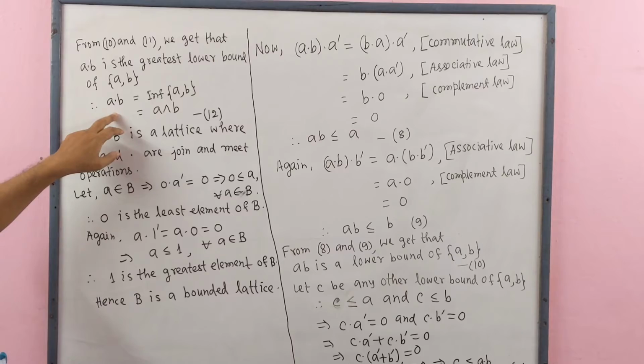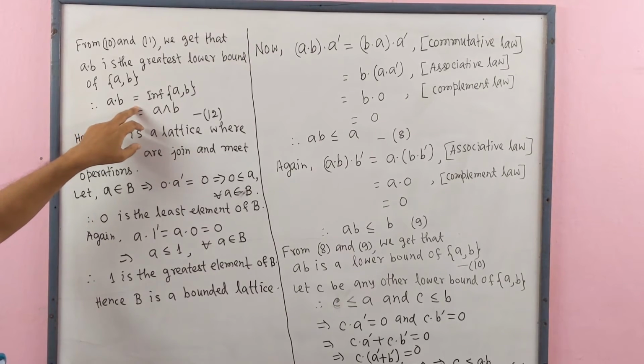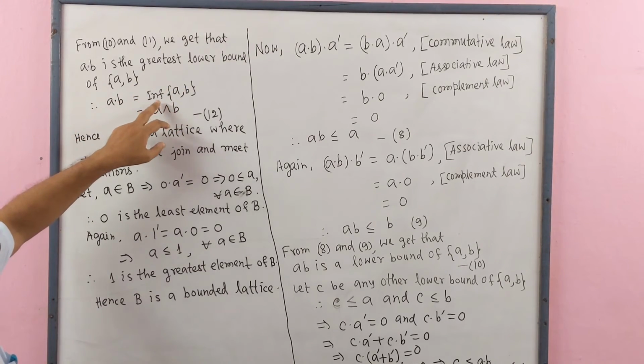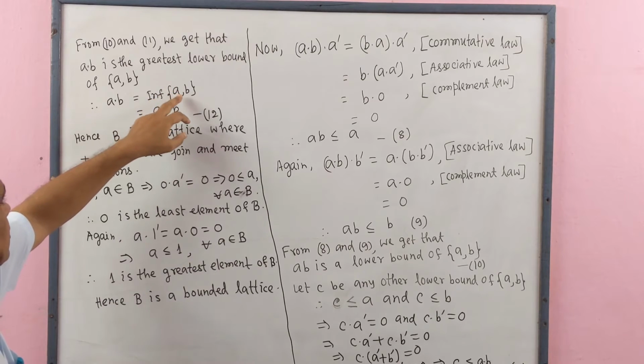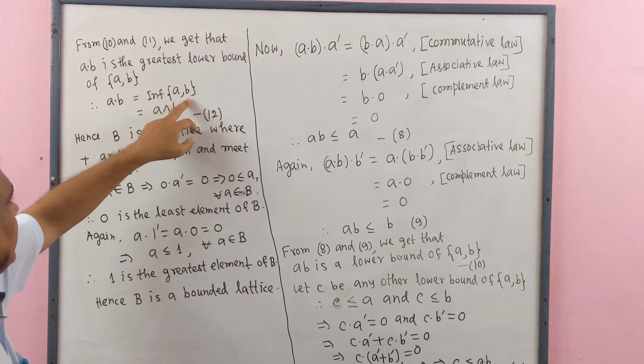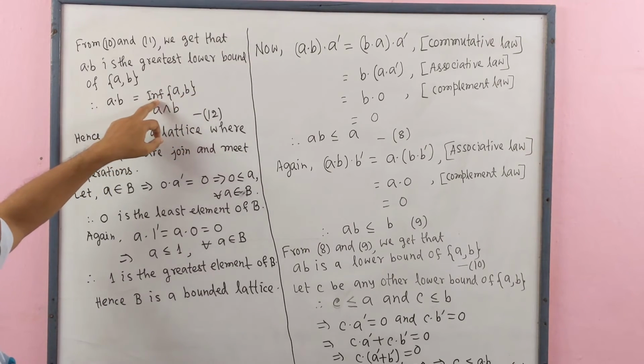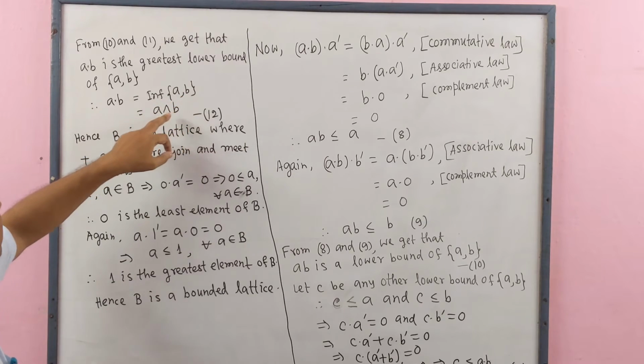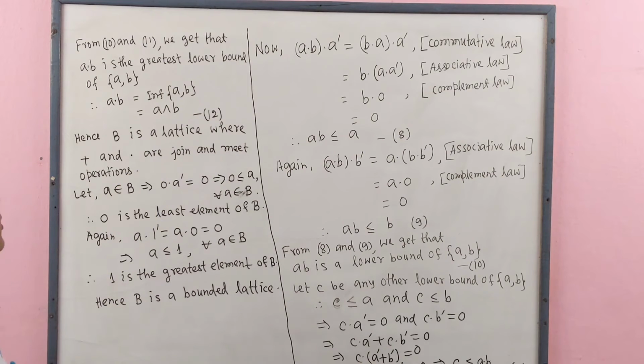Therefore, A dot B equal to greatest lower bound, meaning infimum, of the set containing elements A and B. We may write infimum of A, B equal to A meet B. This is number 12. Hence, B is a lattice.